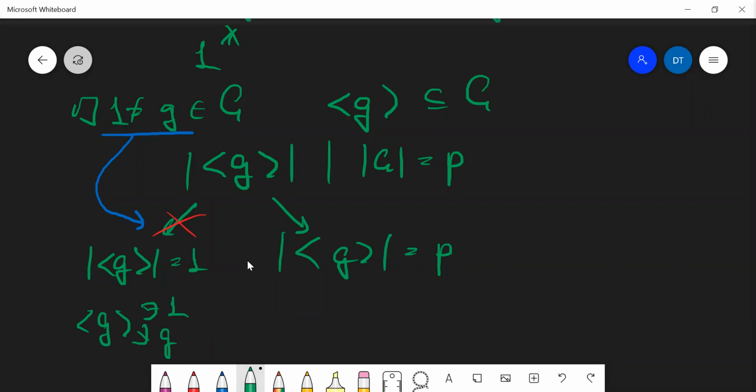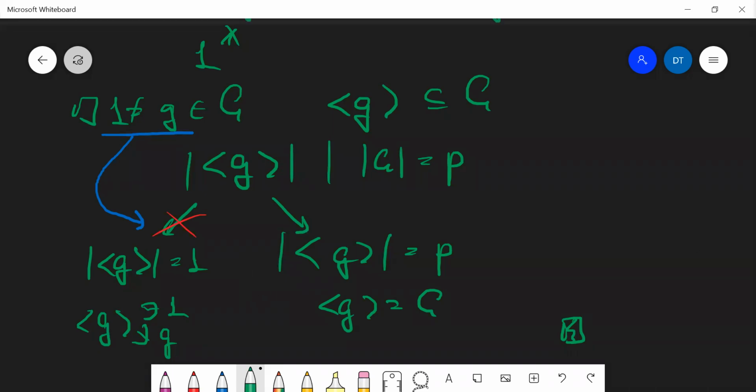So the order of the cyclic subgroup is at least 2, so it cannot be 1. That's why the second option holds. But in the second case, this simply means that the cyclic subgroup of g coincides with the whole group G. And this is exactly what we wanted to prove. So this was corollary number 4.